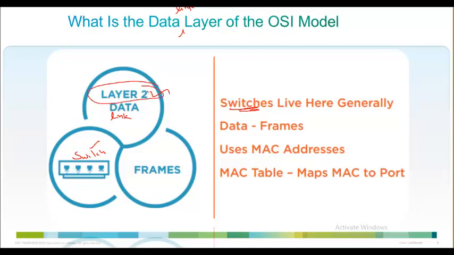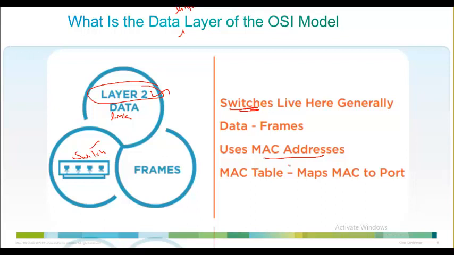You know why? Layer 2 is the place where the MAC addresses are considered. See, what is a MAC address? A MAC address is an address which is unique to your computer, unique to the port of the device.